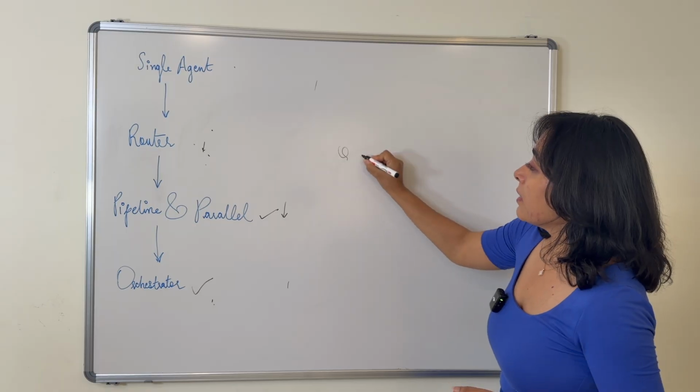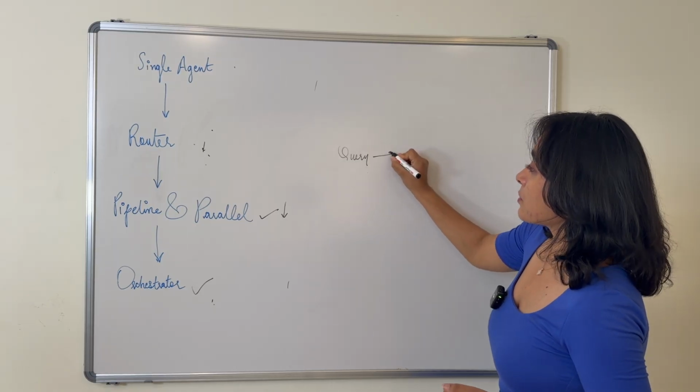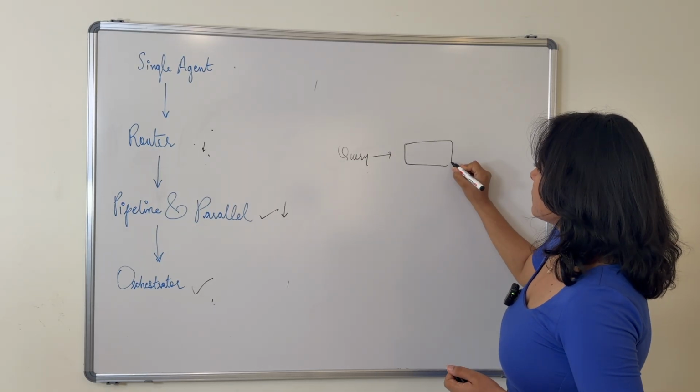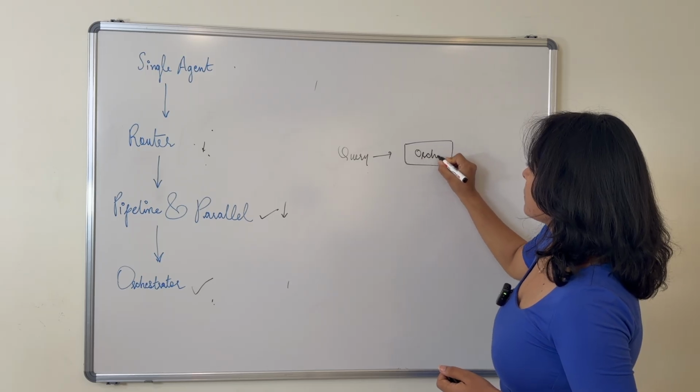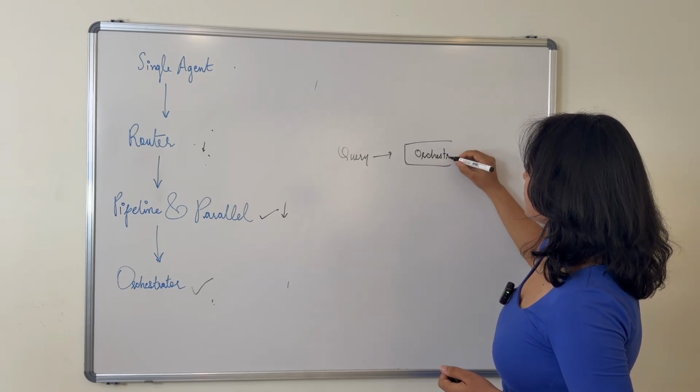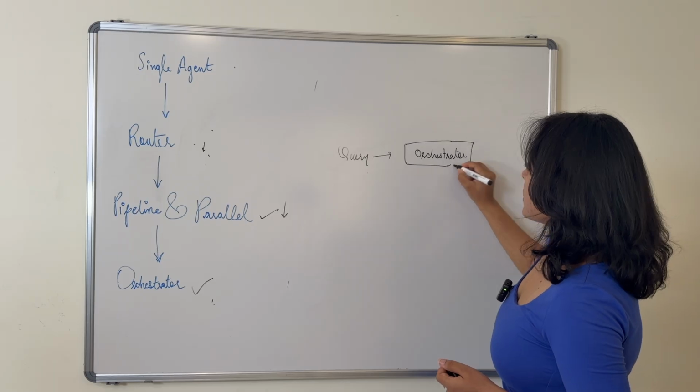Let's see how. So what happens is the query comes to the orchestrator. What does it do?